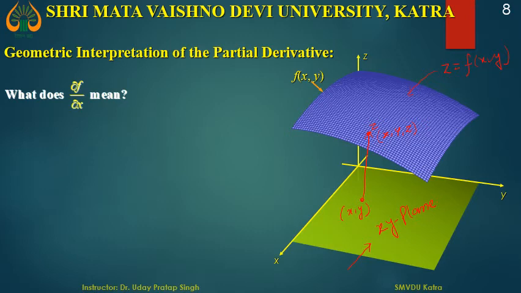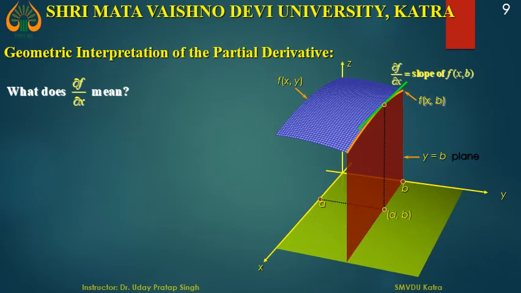Then, what is the meaning of dou f by dou x? The meaning of dou f by dou x is the slope of f. Remember that we are calculating dou f by dou x, which means treating y as a constant. Say y is equal to b. Dou f upon dou x is equal to the slope of f of x, b.